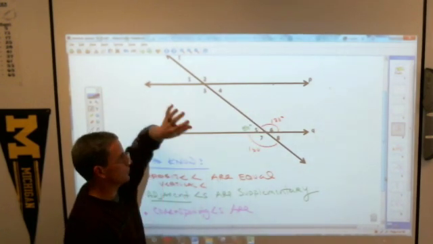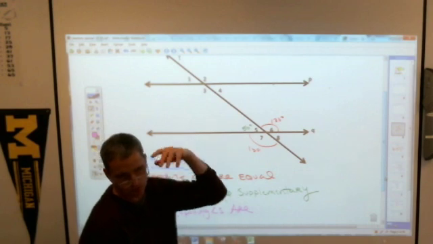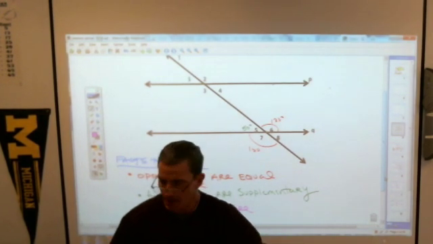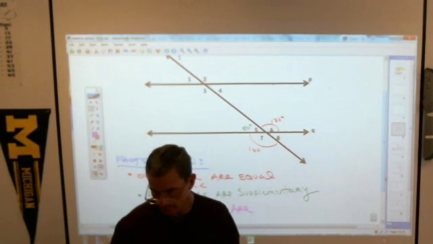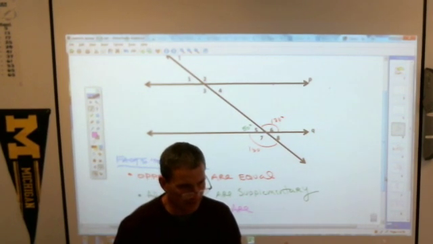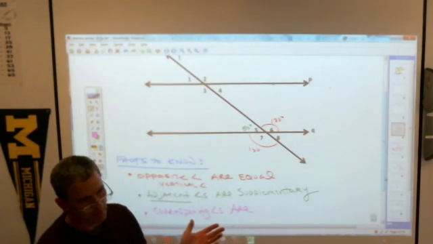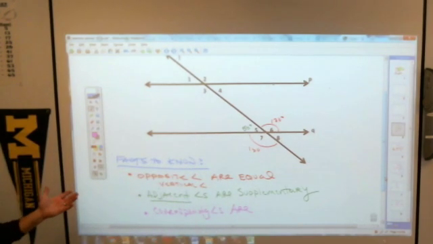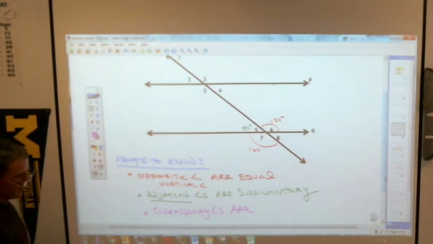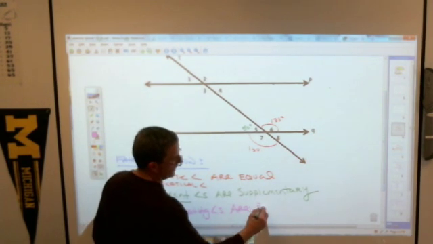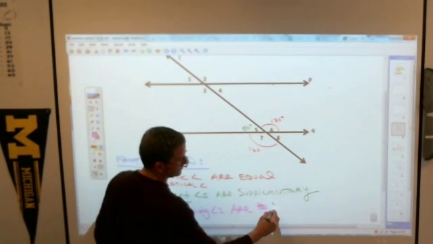Corresponding angles are complementary, supplementary? It's something other than complementary and supplementary. Or equal. Corresponding angles are equal.